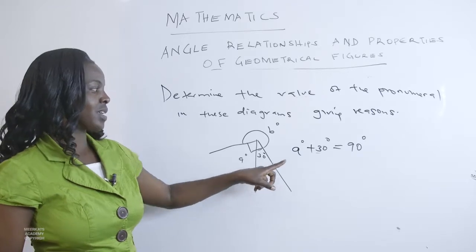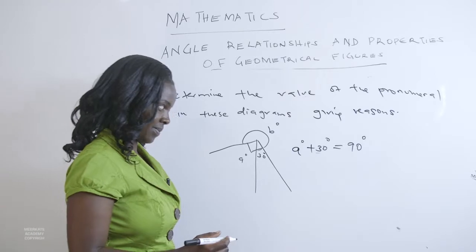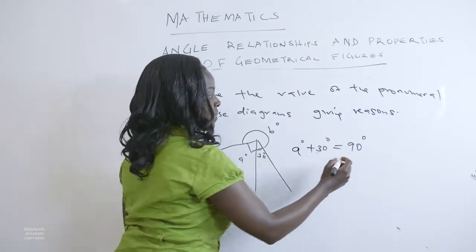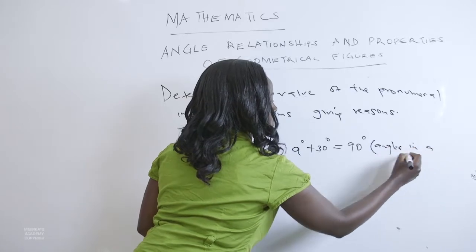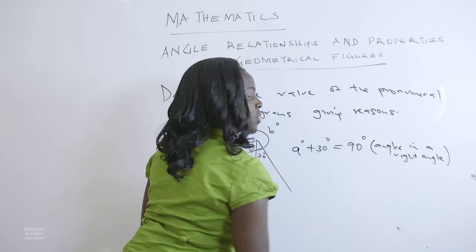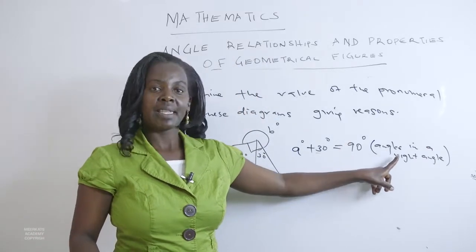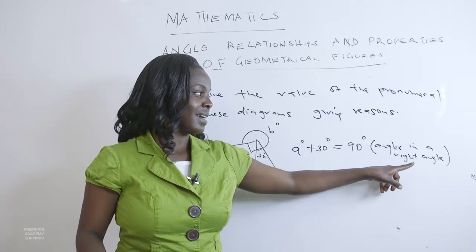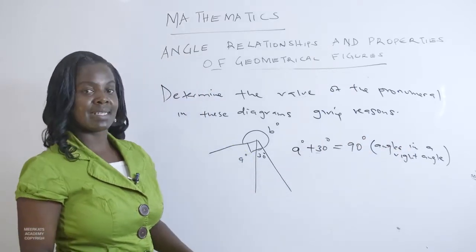If we add the two, they should give us 90 degrees. Reason? We are told to give reasons. The reason why A plus 30 degrees should give us 90 is because these are angles in a right angle, or angles in a 90 degrees angle.